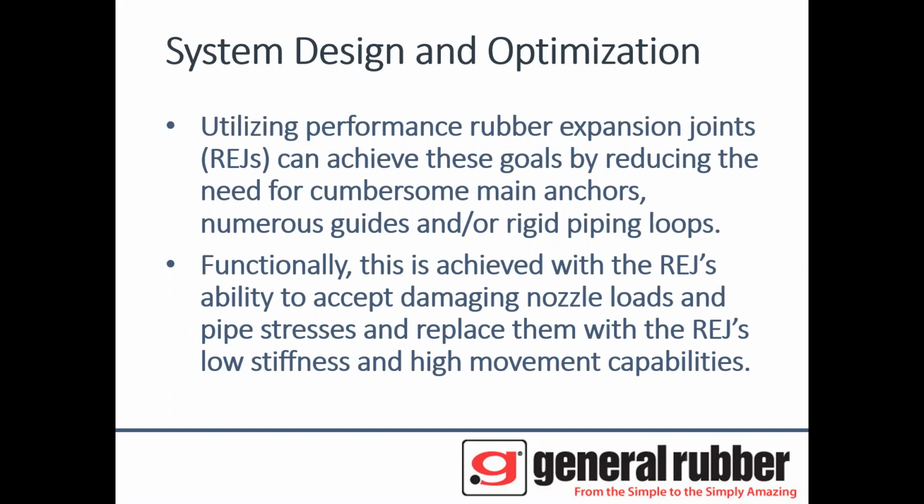Functionally, this is achieved with the rubber expansion joint's ability to accept damaging nozzle loads and pipe stresses and replace them with the rubber expansion joint's low stiffness and high movement capability. A relatively simple concept, but one that requires some examples and further discussion to be made clear.